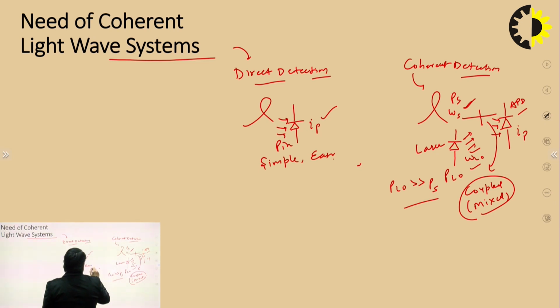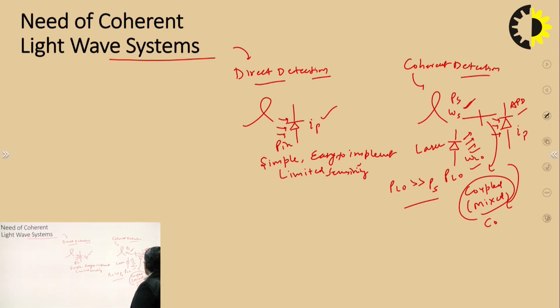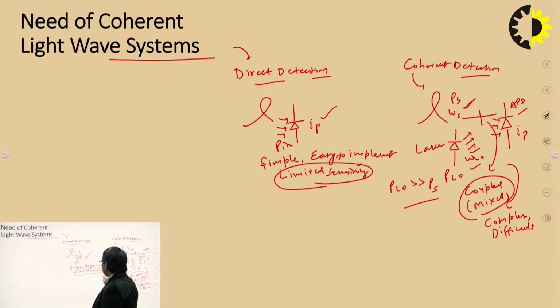So there are some simple differences, as we can see that direct detection is simple, easy to implement, and has limited sensitivity. Whereas comparatively we can see that coherent detection is slightly complex, slightly difficult to implement, but most importantly, the sensitivity of coherent detection is much better.